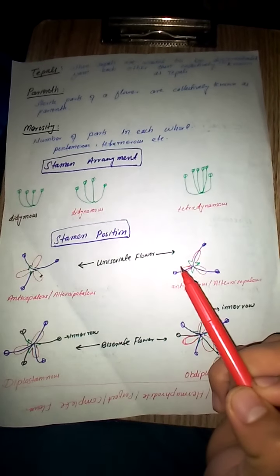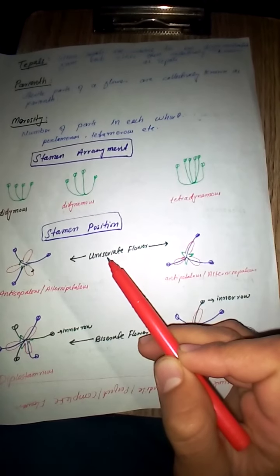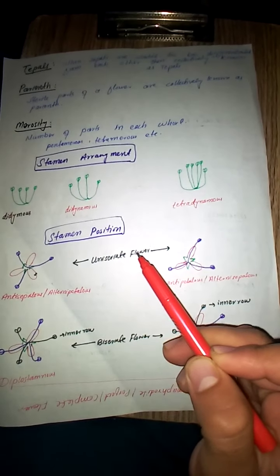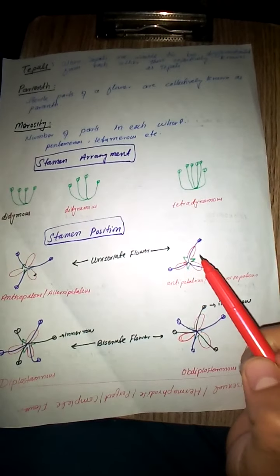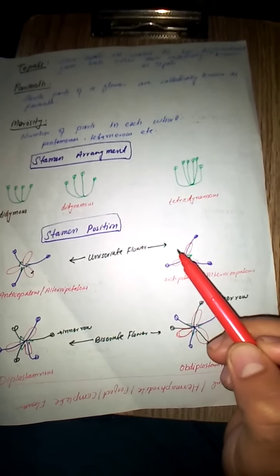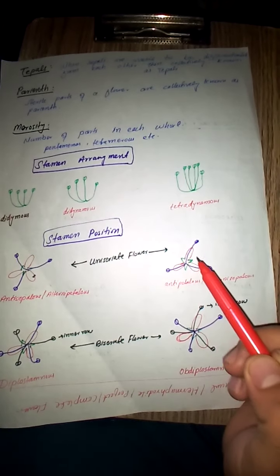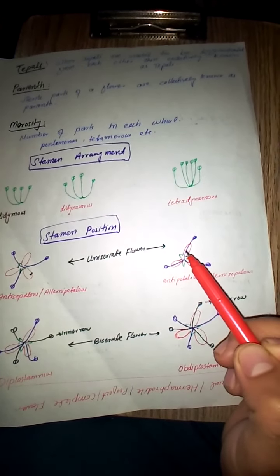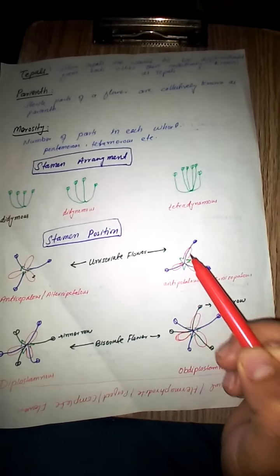Such type of arrangement or position of stamen is found in uniserrate flowers. Uniserrate flowers are those in which the parts of the flower are present in a single row. This is a single row of sepals, then petals, and then stamens.